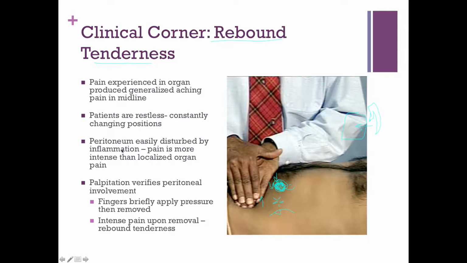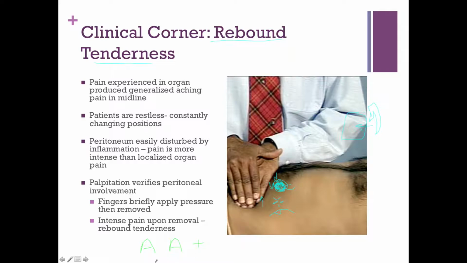So palpation, sorry, there's an extra it in there. Palpation, so pressing down, verifies that the peritoneum is involved. Fingers briefly apply pressure, then remove. If there's intense pain upon removal, that's a positive rebound tenderness test, and we would say that that patient is in acute abdomen. You'll see that term later.